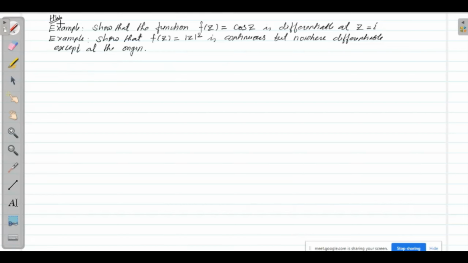So please do these problems at your home. Here, how to solve this problem.